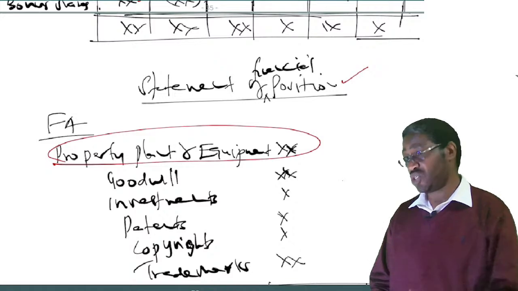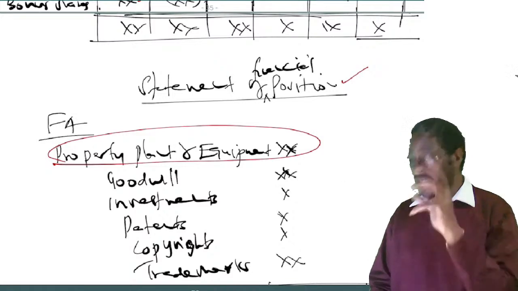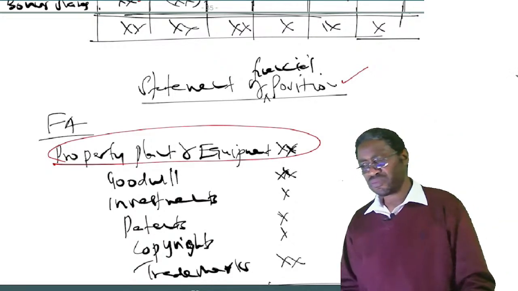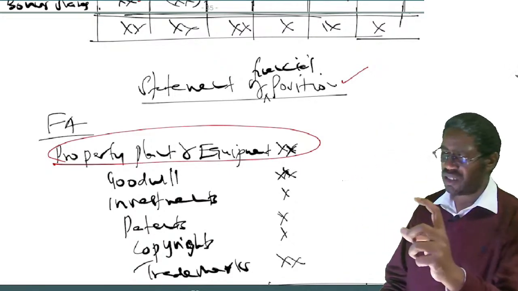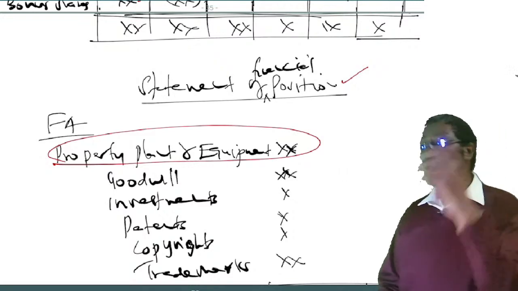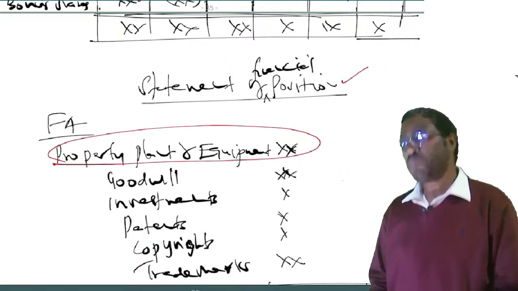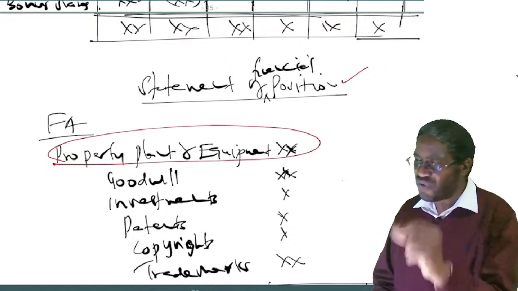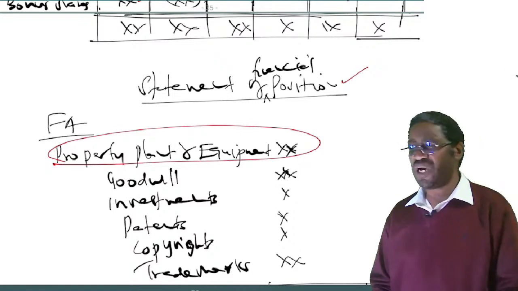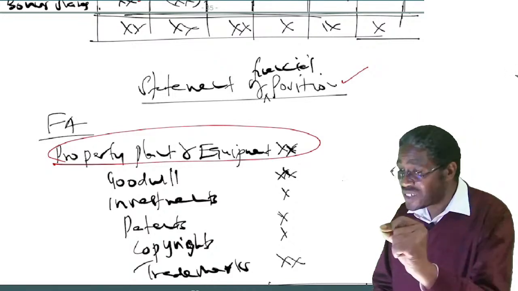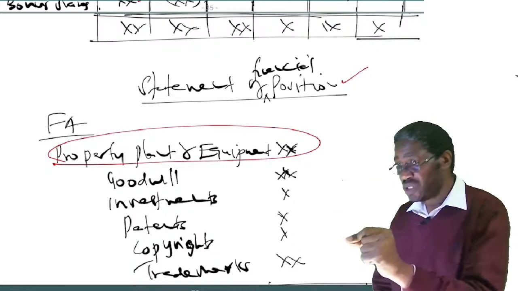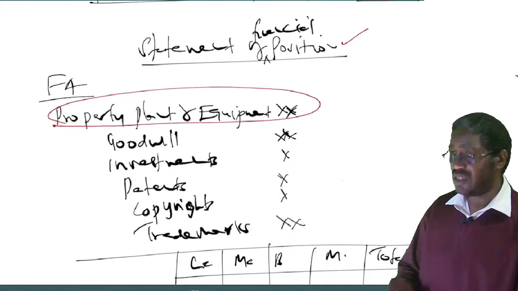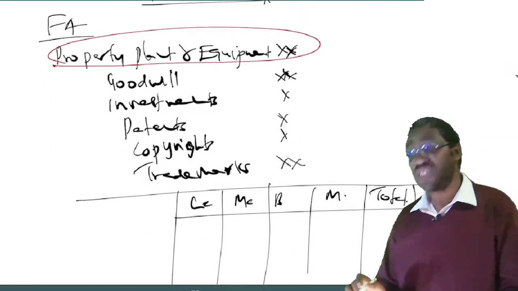Then finally we mentioned that as a company, you may have other fixed assets that do not qualify to be part of the property, plant, and equipment. If you have such assets, then you can list them individually.